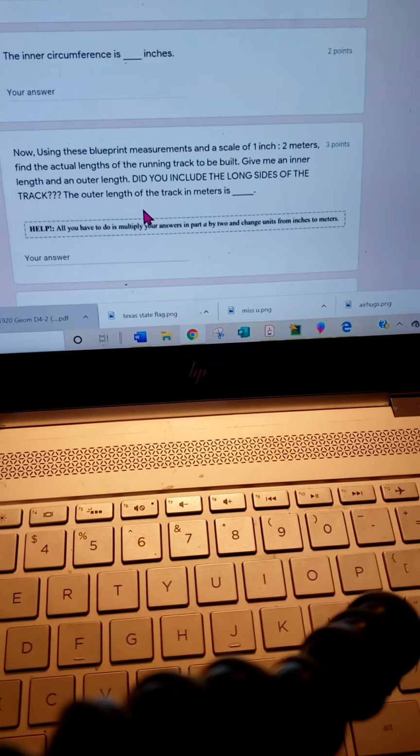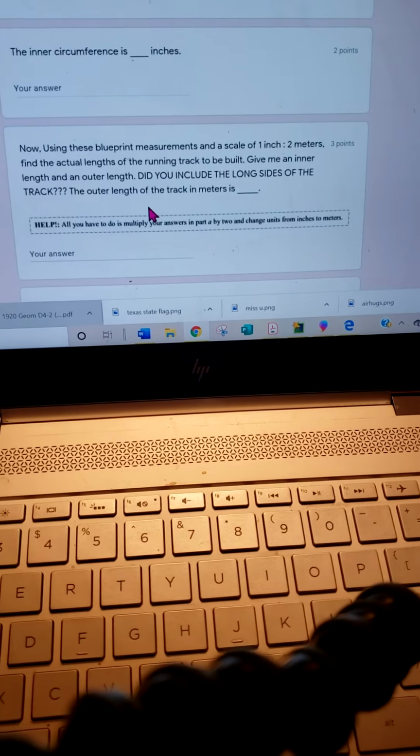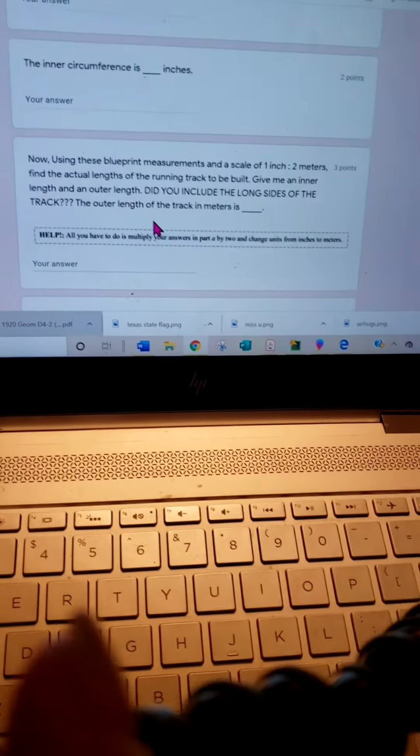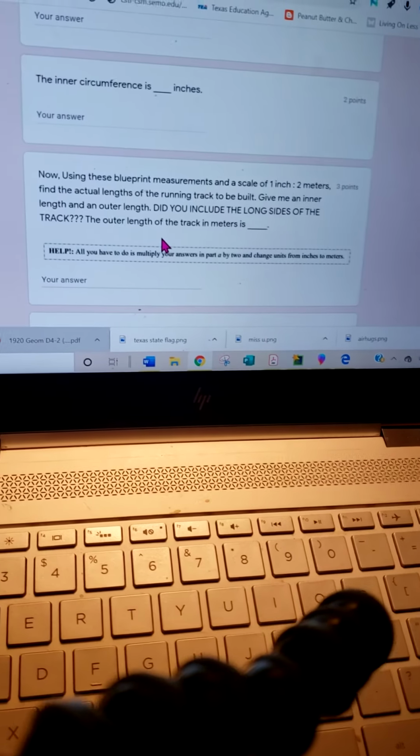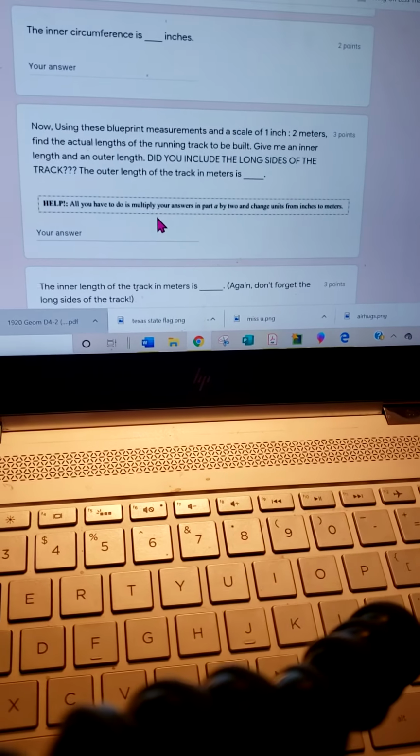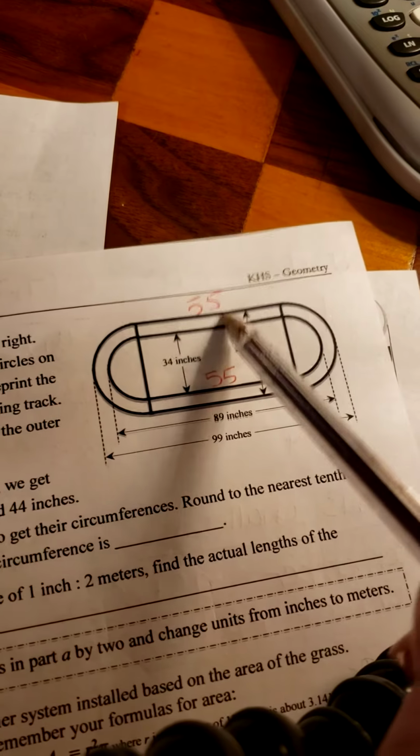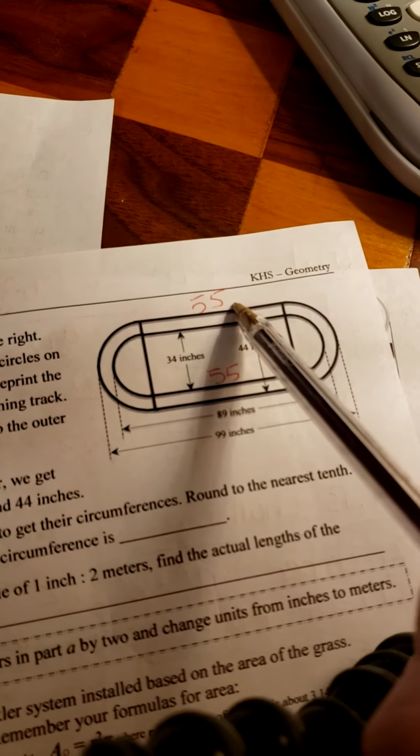You're not going to have the length of the track. So be careful, include the length of the side of the track. Because if you take the answer you get here and multiply it by 2, all you're going to give me is the length of this circle. You've got to give me the length of the side as well.